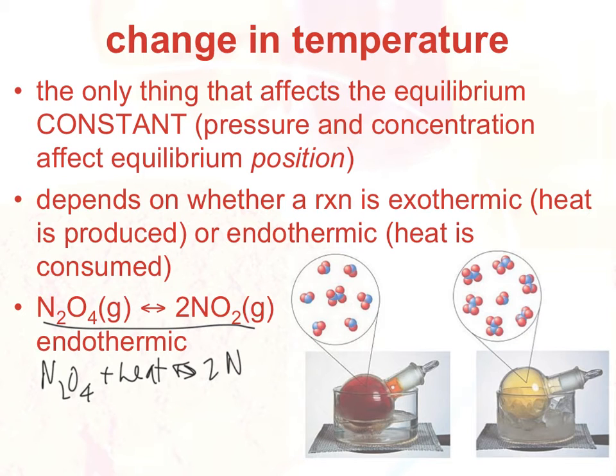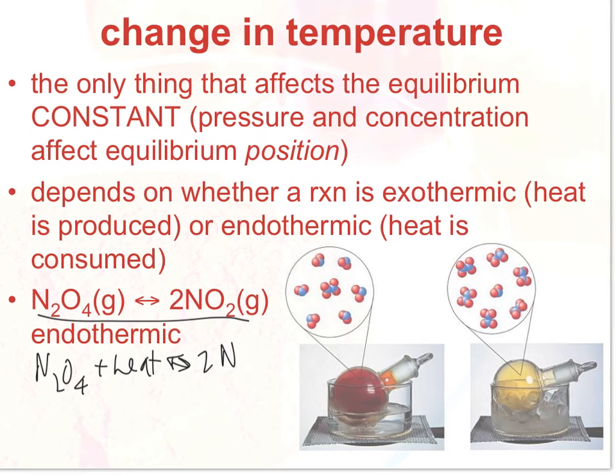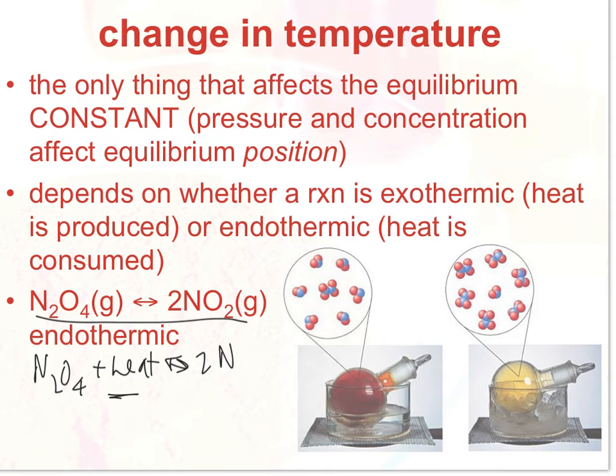So if we look at heat as being a reactant in this case, and I add more heat to the reaction by increasing the temperature on the hot plate or the Bunsen burner, I'm actually increasing the amount of reactant that I have. If I increase the amount of reactant, equilibrium is going to shift to the right towards your products.